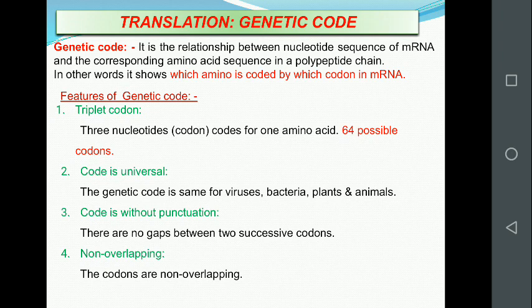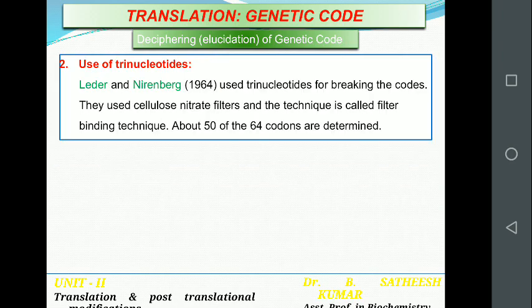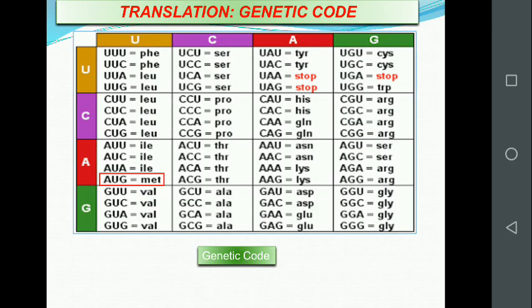When we look at the genetic code, the genetic code is the relationship between the nucleotide sequence in mRNA or DNA of a gene and the amino acid sequence in a polypeptide chain. That relationship is called the genetic code. Here 3 nucleotides or 3 bases are used as a code word to specify one particular amino acid. That is what the genetic code is.